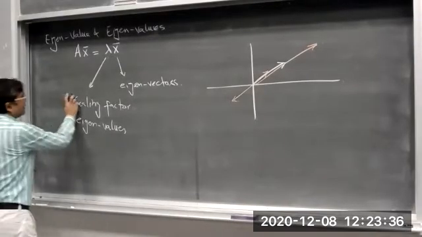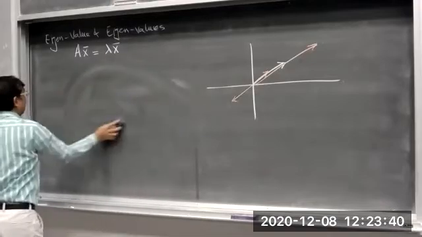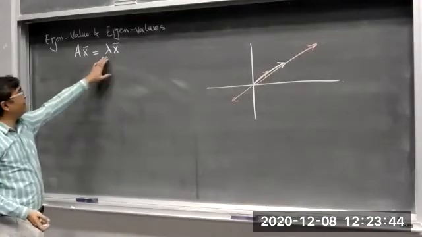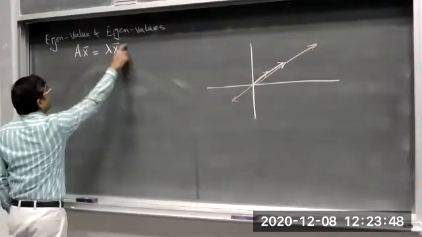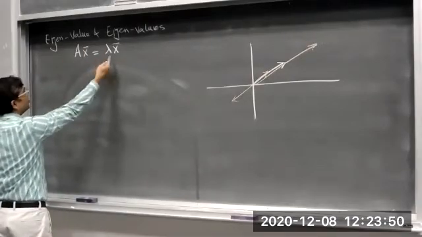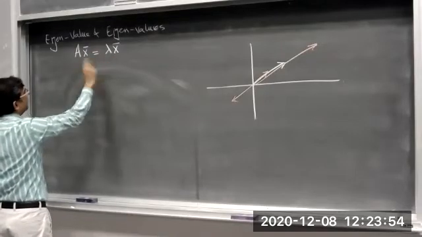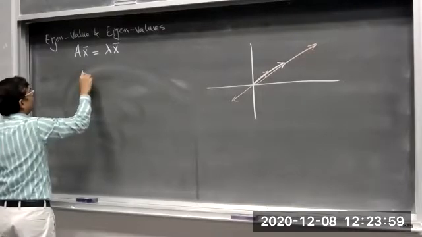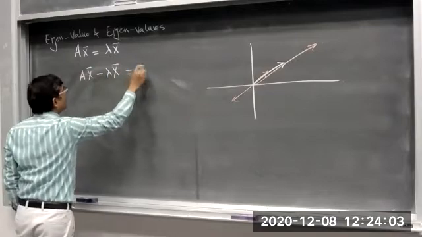Now, let's move forward. How to find these vectors and values, these scaling values or eigenvalues. This is the basic definition of eigenvectors and eigenvalues. We can take this thing on the other side, so AX minus lambda times X is equal to 0.